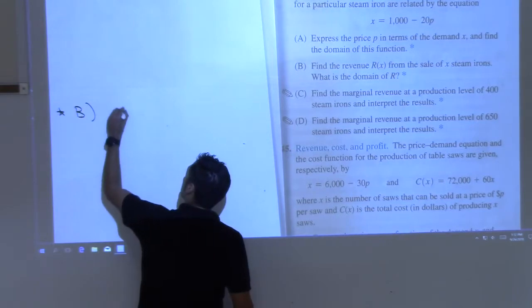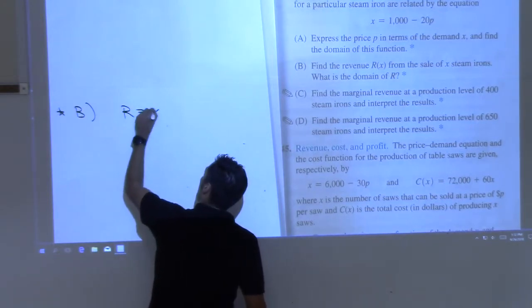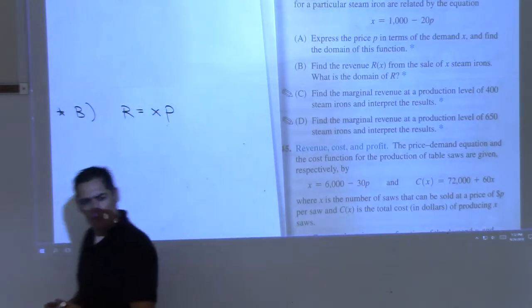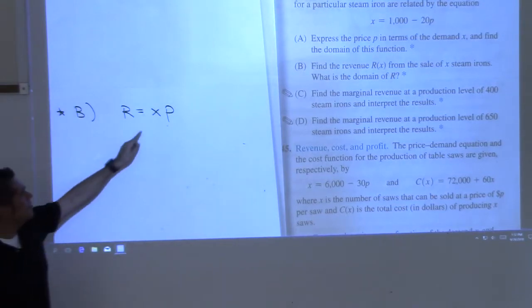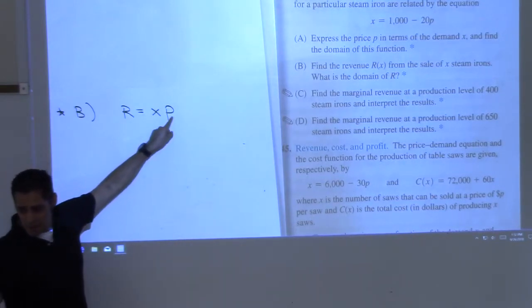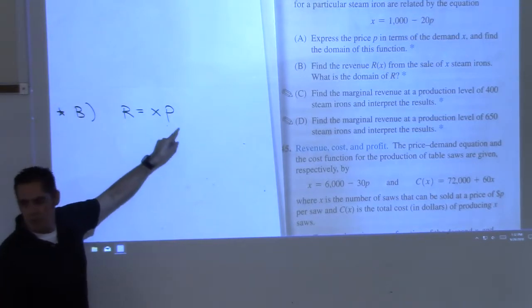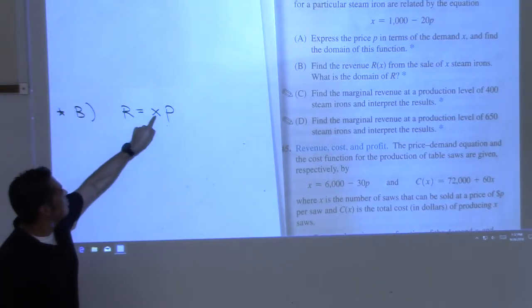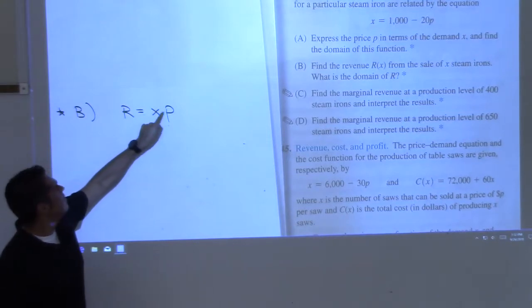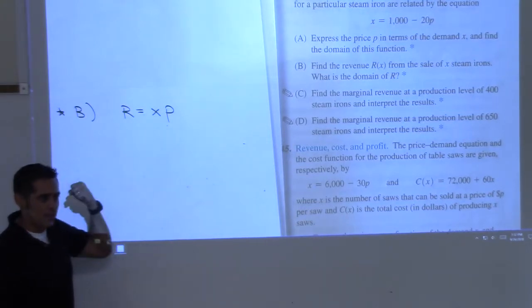Revenue is equal to x times p. What does that mean? It means my price has been set, right? Those were $3 a piece, and you bought 3 markers, times the price is how much money is going to come in.